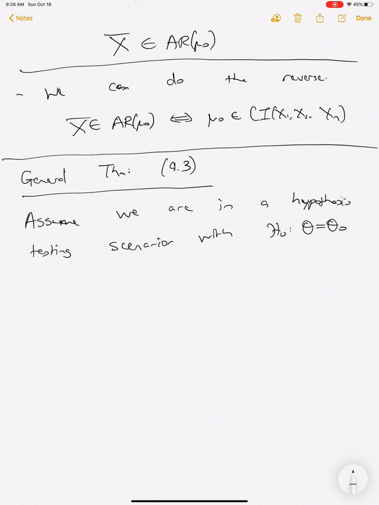So assume we're in a hypothesis testing scenario with H0: theta equals theta 0.